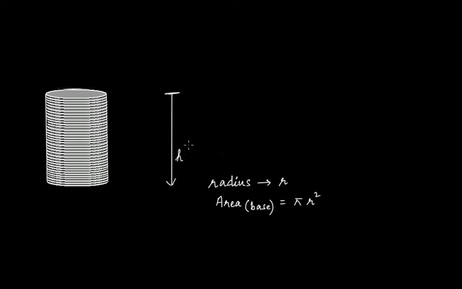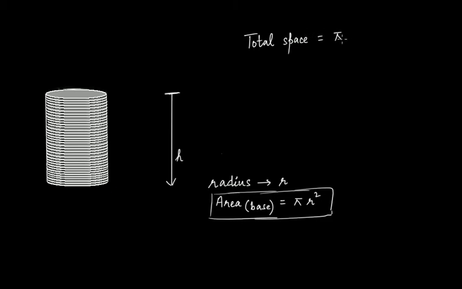So don't you think that if the area of one fine circular ring is pi r square, that is, it covers this much space, pi r square, and if its height is now h, then the total space that this stack of circular rings will cover will be pi r square, that is the area of the base, multiplied by height.